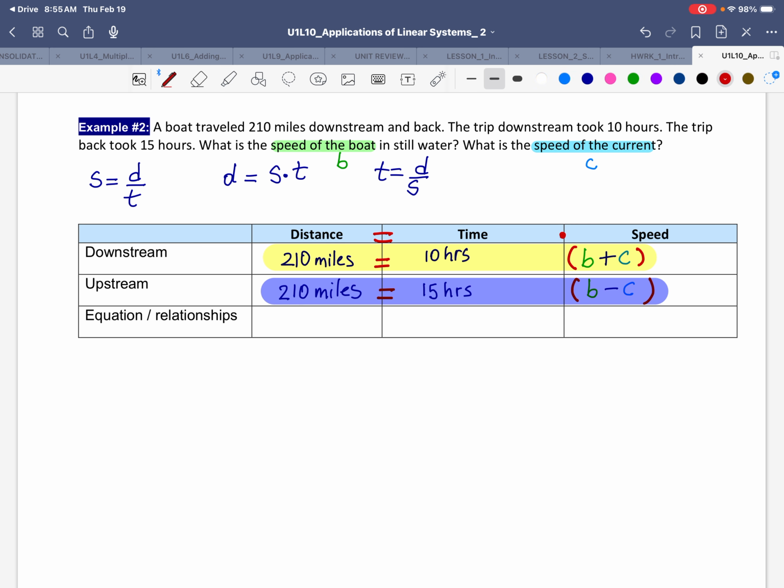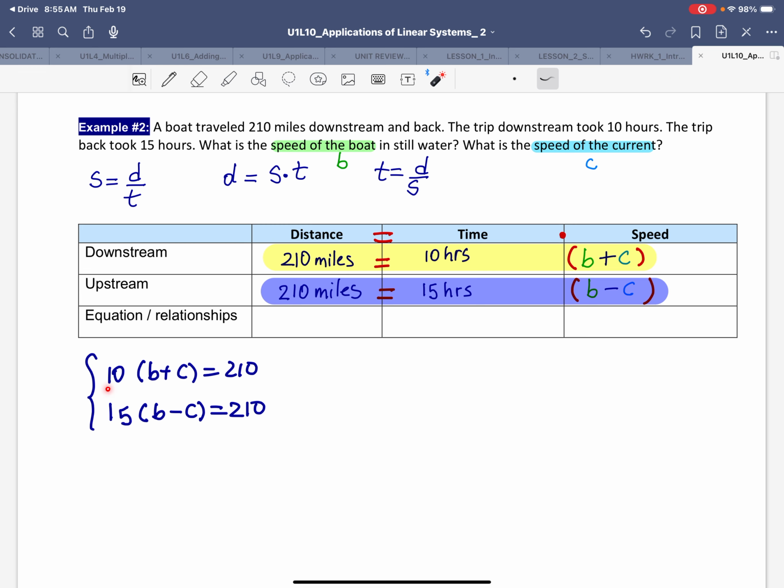Okay, so we're going to write them down here, and I prefer to write this part on the left side. It doesn't really matter. So 10 times (B plus C) equals 210, and 15 times (B minus C) equals, again, 210. Put them together. Now, I would try to reduce the coefficients as much as possible. You see that we have 10 and 210 in here.